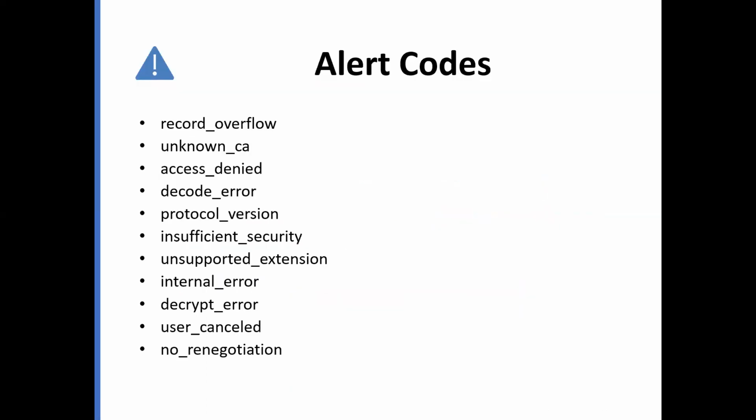Then another concept, that is alert codes. What I discussed in the previous class, alert codes with respect to Secure Socket Layer. All the alert codes of Secure Socket Layer are going to be supported here also in Transport Layer Security, except no certificate.